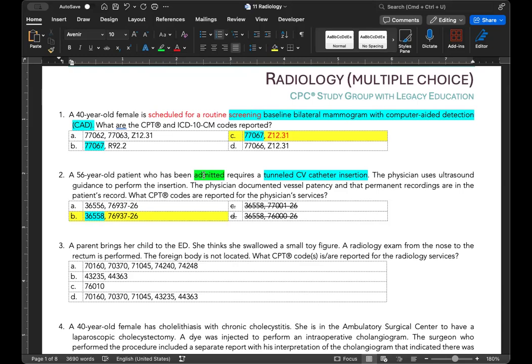So if the physician is not employed by the hospital, because we're only reporting for the physician services, right? At this point, the physician is only responsible for that professional component of the service, right? Our TC modifier, which is our technical component, that TC portion is going to be what the facility has to have overhead wise to run that ultrasound machine.